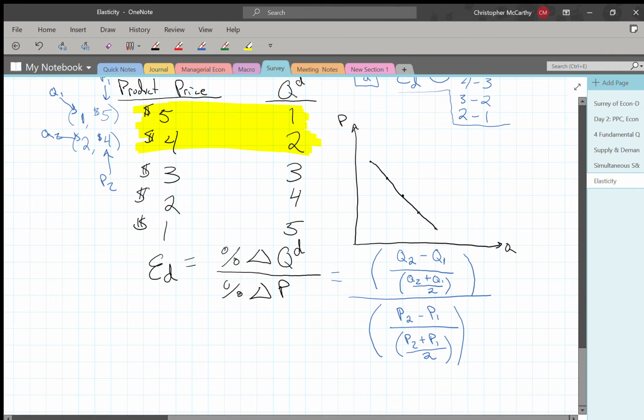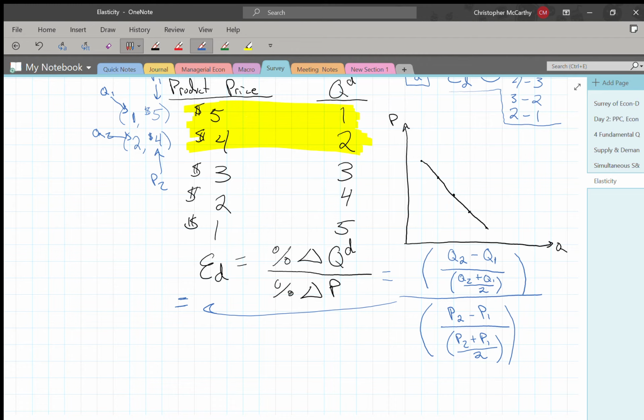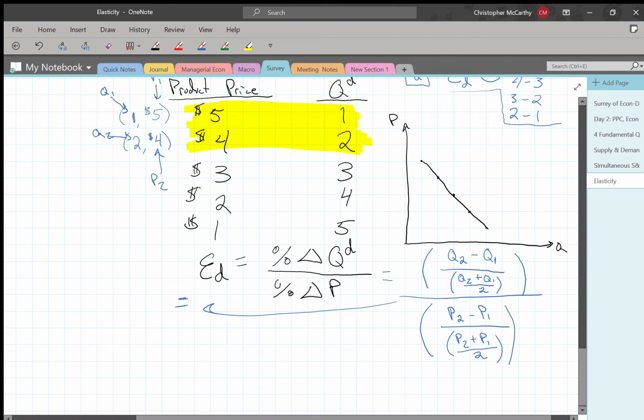So, bringing this over here, let's start to plug some values in. What's Q2? 2. Q1 is 1.